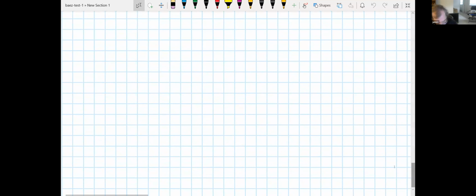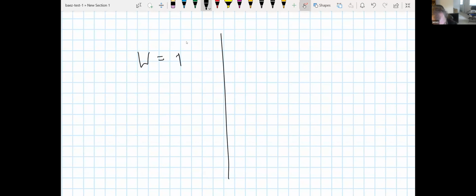So I've got these 3 numbers that I'm calling. So I've got this number W, which is really just the primitive cube root of unity. And then I've got B, which is 1 plus 2I plus 2W.